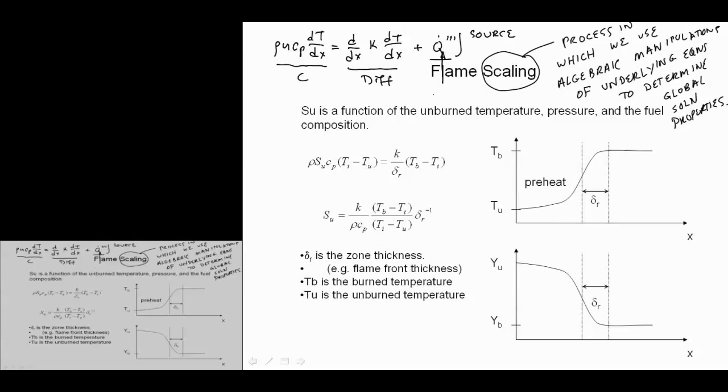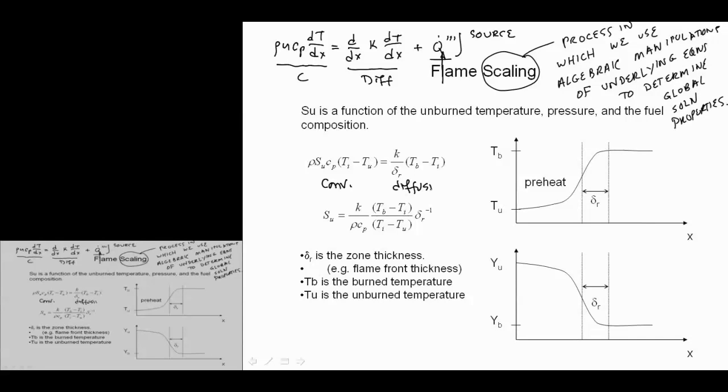Let's think about that. The places where reactions occur are very thin compared to the overall extent of the flame thickness. So to first order, we can neglect that aspect of it. And one of the things that allows a lot of premixed flame theory to take place is to recognize that the premixed flame is a convective diffusive balance.